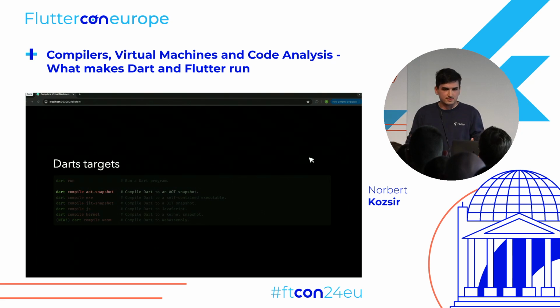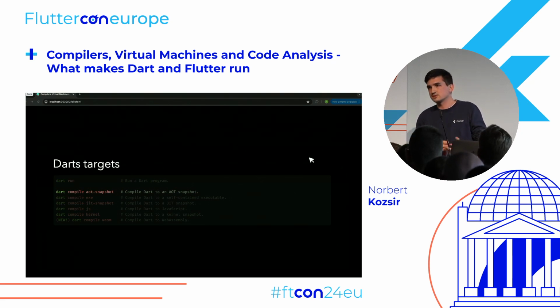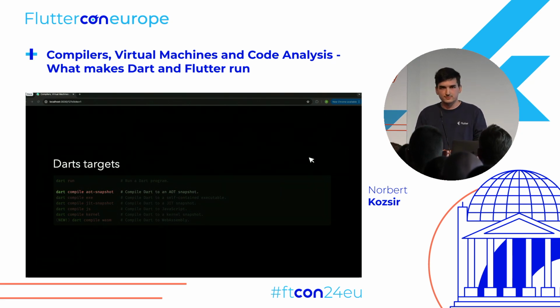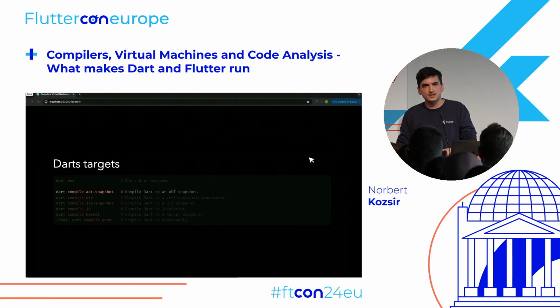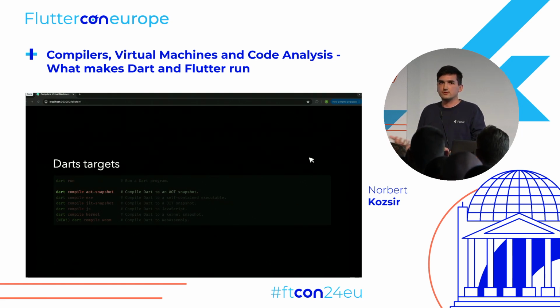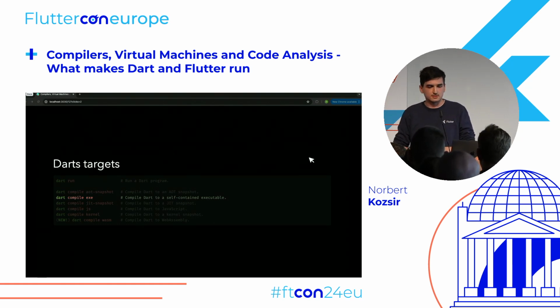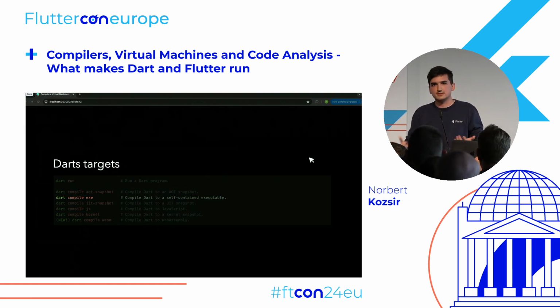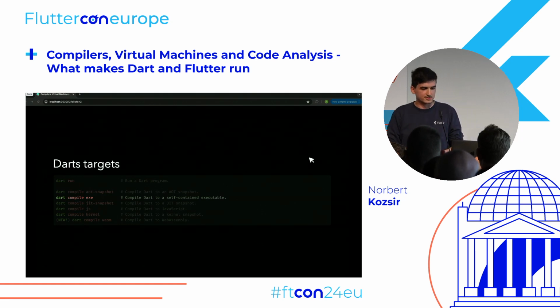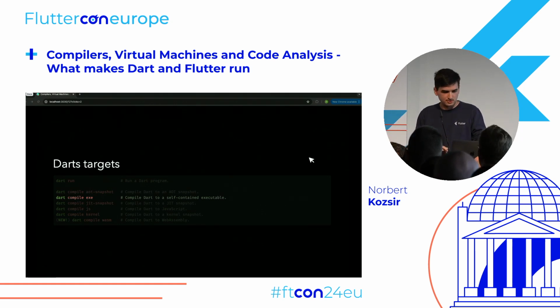For example, your code alone cannot work because a bunch of garbage is created, with stateless widgets being created here and there. To run an AOT snapshot, you need to run it with a Dart runtime. This is also platform specific. As I said, the exe is pretty much the same, but it includes the runtime. The difference is that it makes the size a bit bigger because there's more code in your application.